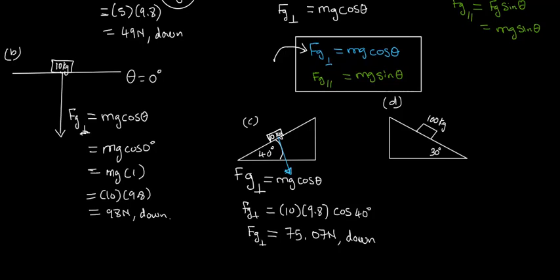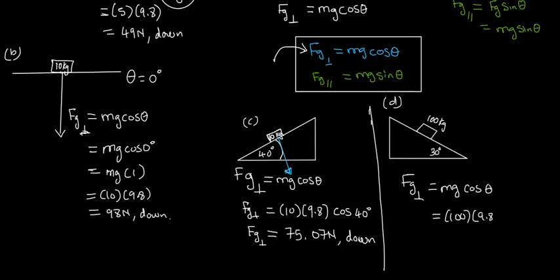And then for D, same thing. Fg perpendicular is equal to mg cos of the angle, which in this case is mass 100, gravity 9.8, and cos of the angle there is 30 degrees.